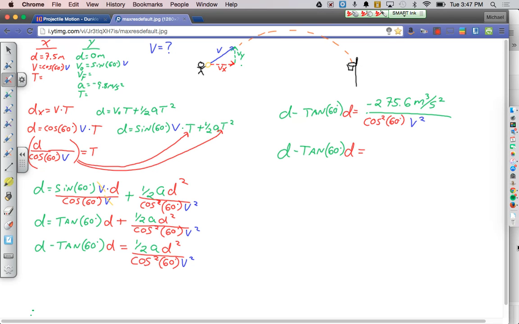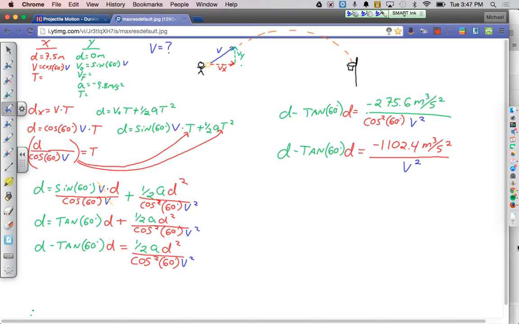On my right side, if I take negative 275.6 and divide it by the cosine of 60 degrees squared, I'm going to end up with negative 1,102.4, and that's still meters cubed per second squared, all over v squared. All right, it's cleaned up a little bit. It's not too bad looking.